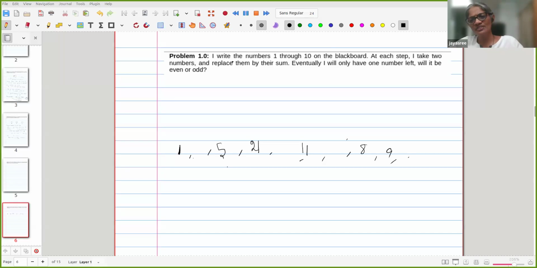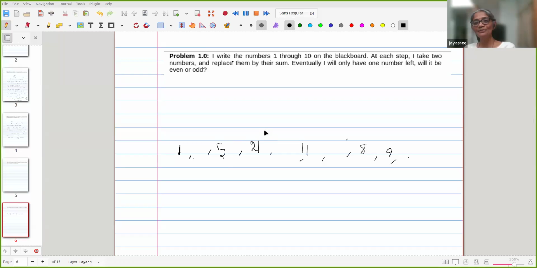In whichever order I add? Whichever order we take, we'll only get the sum of the given 10 numbers, which is 55. So you say that eventually I will have one number left and that number will be odd.